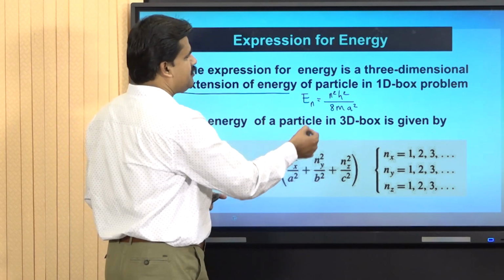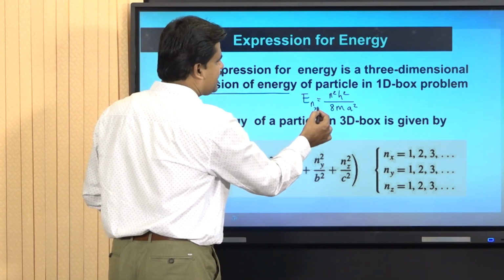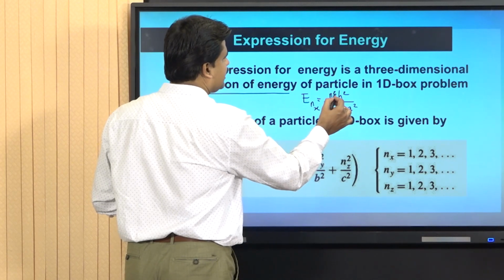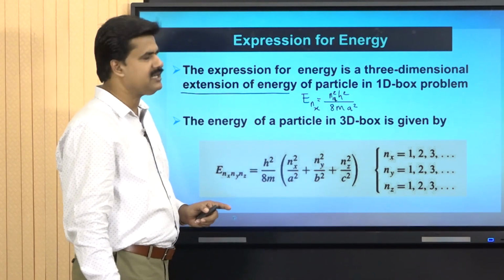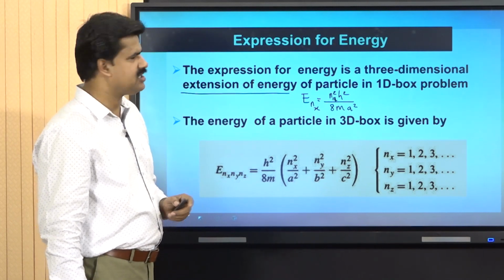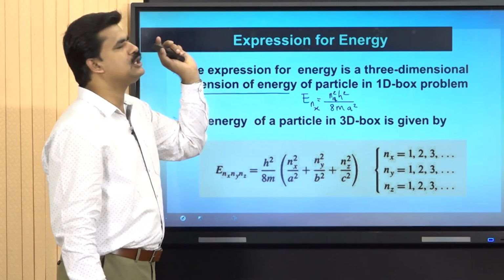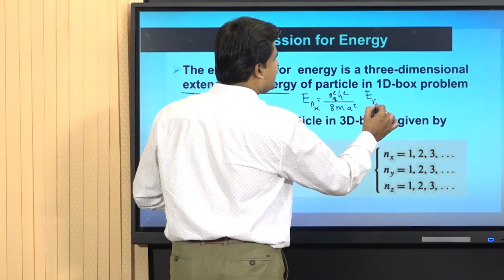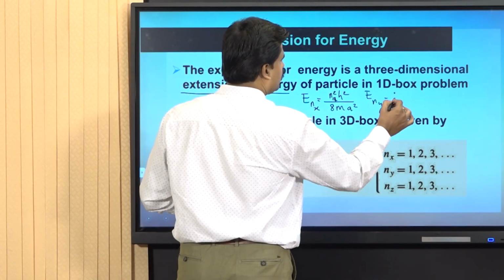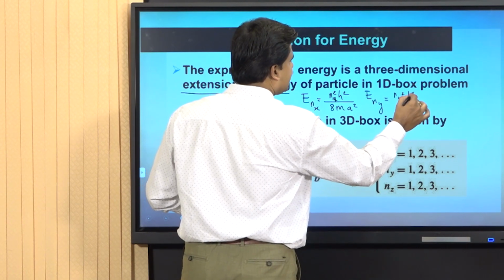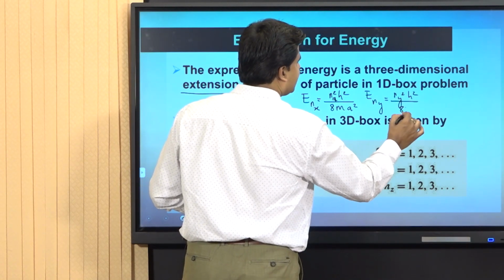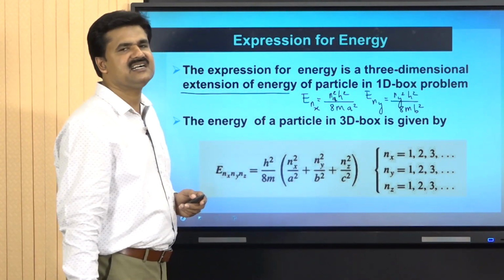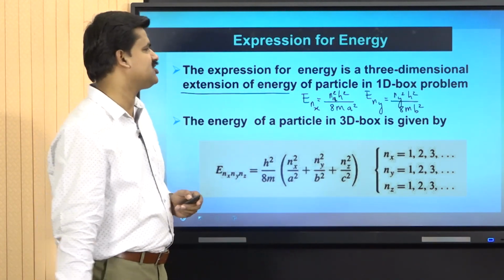For simplicity, I am taking Enx equal to nx square h square by 8 m a square, that is for the x direction. If it is extended to the y direction, I will get Eny equal to ny square h square divided by 8 m b square, where b is the edge length along the y direction.